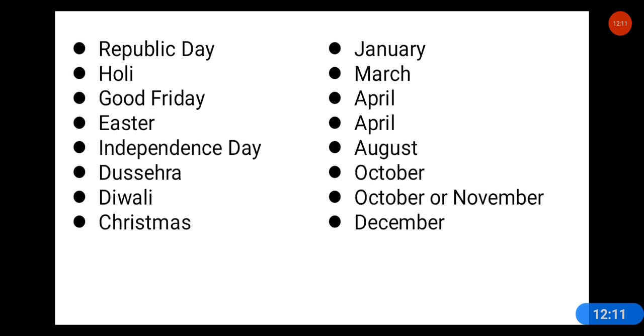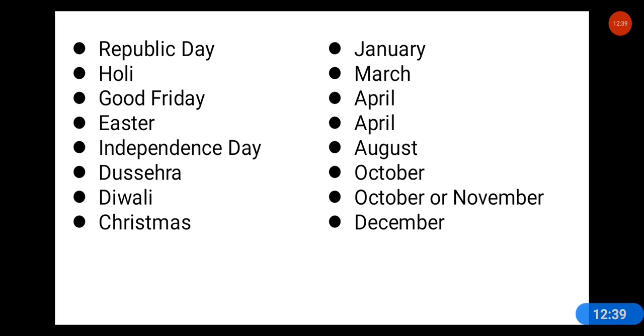Republic Day falls in January, Holi falls in March, Good Friday falls in April, and Easter also falls in April. Sometimes Good Friday comes at the end of March. Independence Day falls in August. Dussehra falls in October.